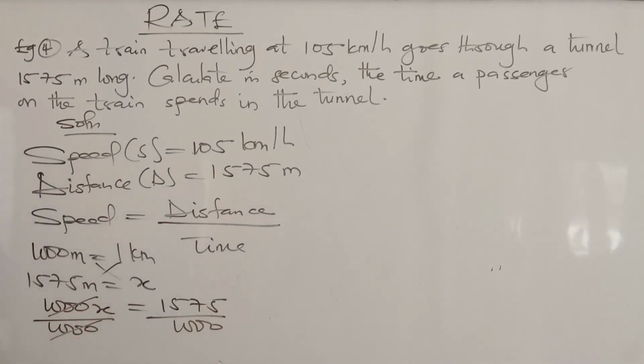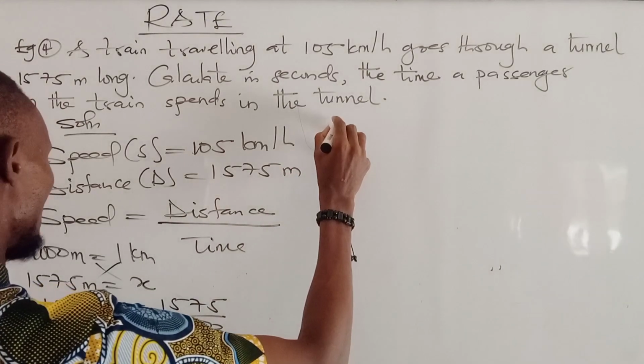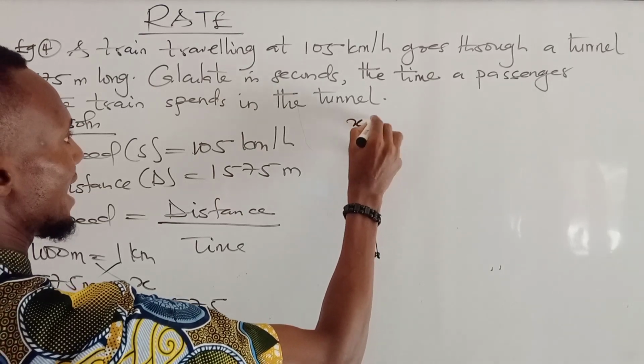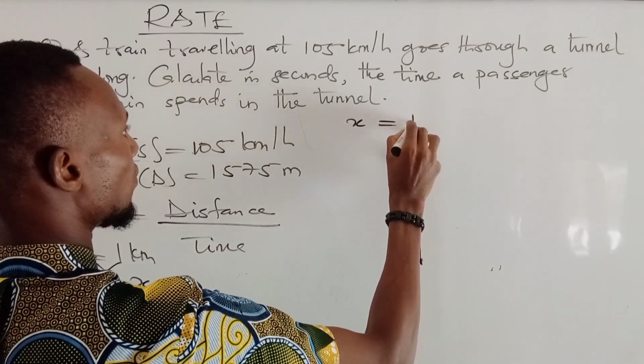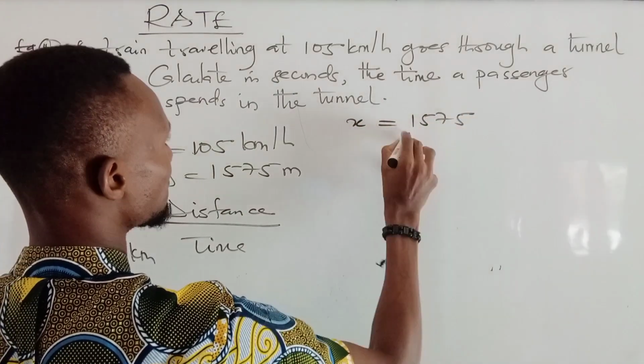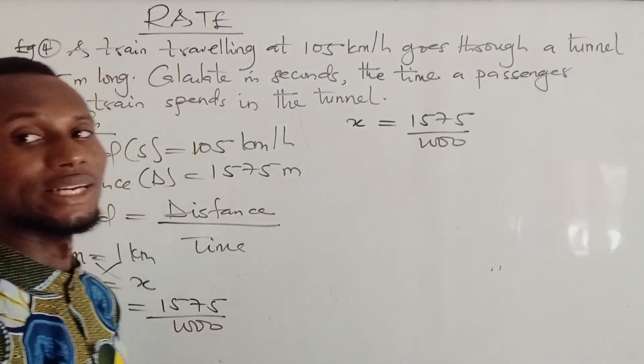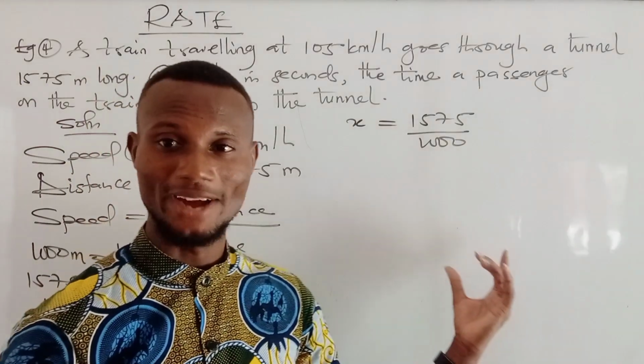This and this cancel. So we have S equals 1,575 divided by 1,000. Let me write it here: S equals 1,575 over 1,000.